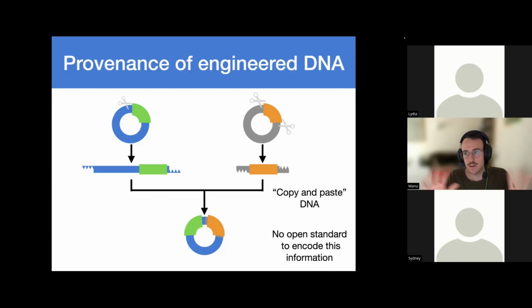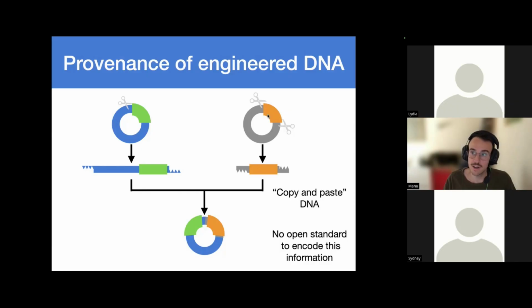Very broadly, DNA engineering consists of combining fragments of existing DNA sequences to generate new ones. So it's a bit of copy and paste of DNA. In this example, I'm showing the construction of a new circular DNA sequence from two existing ones.